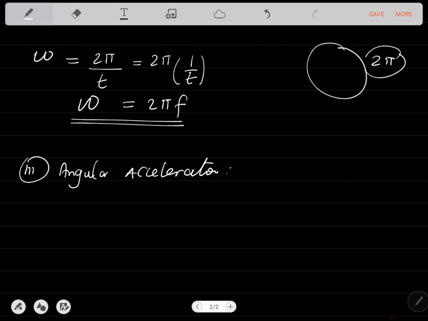So, the angular acceleration, that symbol there, of an object whose axis of rotation is fixed is just defined as the rate at which the angular speed changes with respect to time. Can you forget that? So we are saying it is the rate at which the angular speed changes, where you have final and initial, with respect to time.